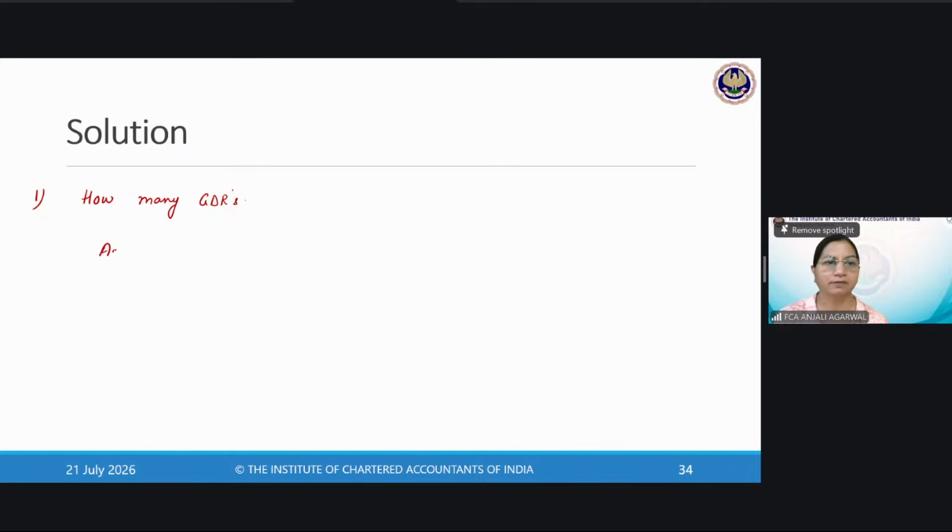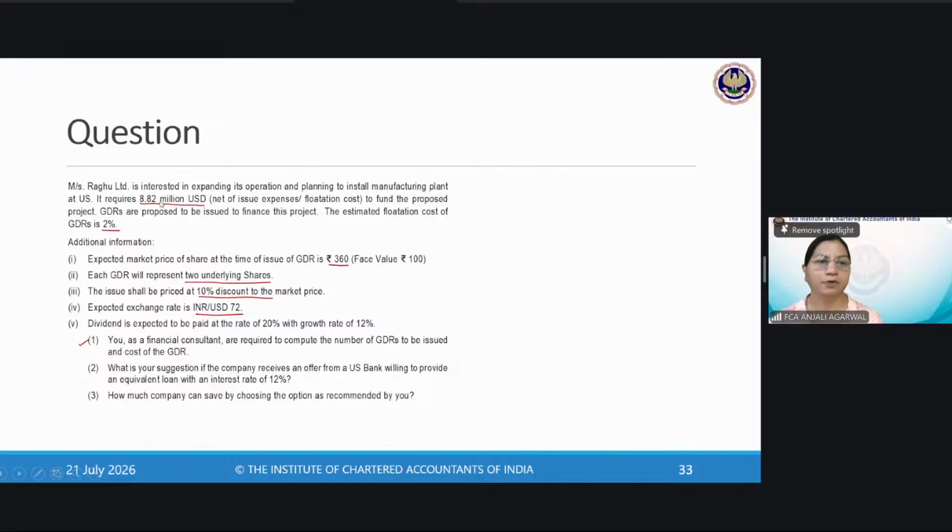Amount to be raised? USD 8.82 million. Right, 8.82 million. Flotation is 2%.